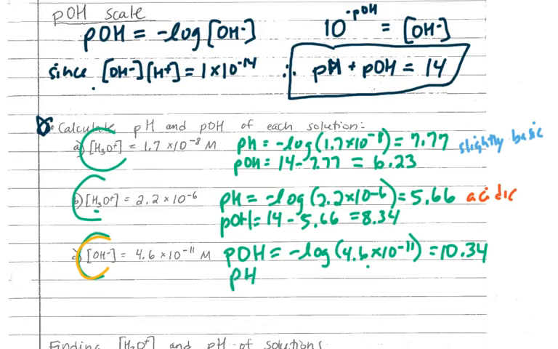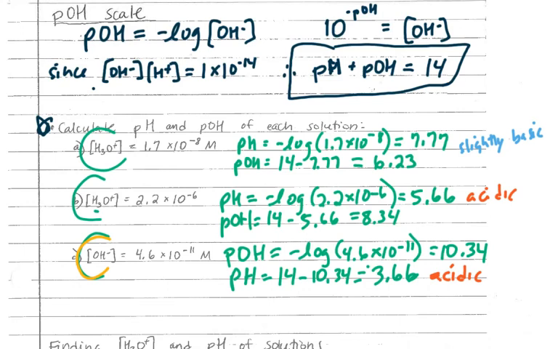And then to calculate the pH, I just do 14 minus 10.34, and I get 3.66. Now remember, the pH scale is what determines if something is acidic or basic. So it's the pH here that determines that this would be an acidic solution.